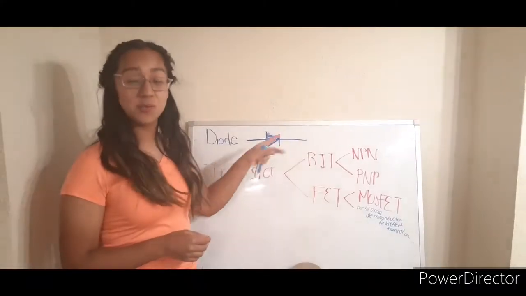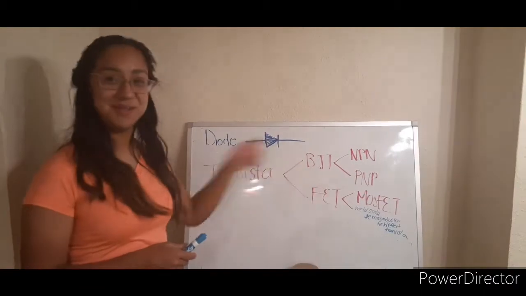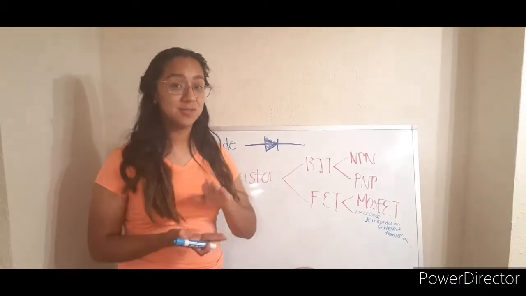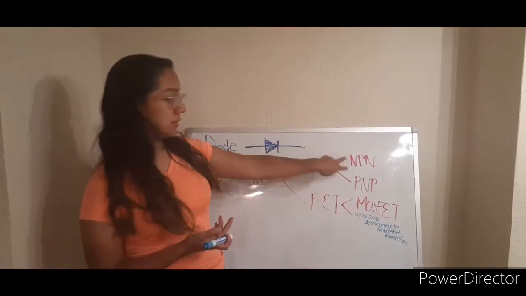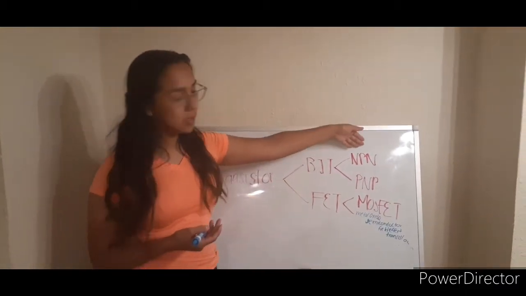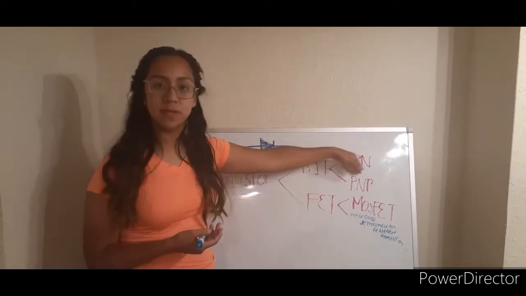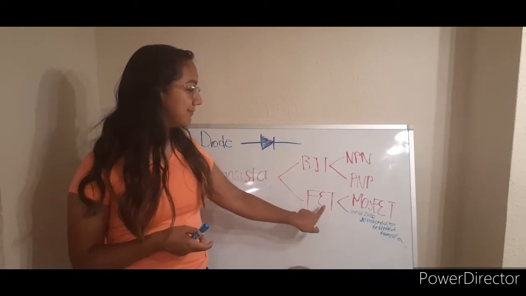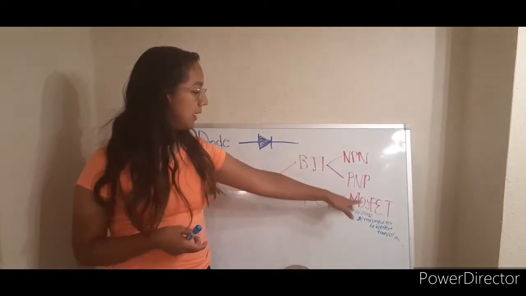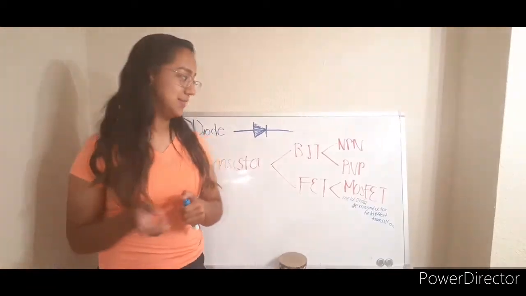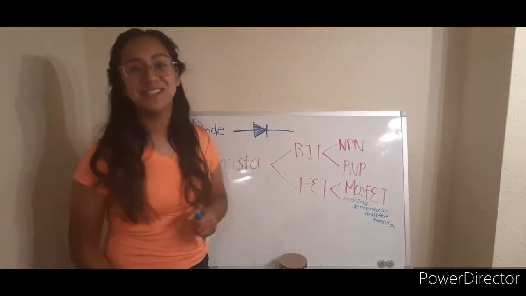For transistors, we have 2 types: the BJT, which stands for bipolar junction transistor and has 2 versions, the negative-positive-negative and the positive-negative-positive, and then the field effect transistor, which includes the metal oxide semiconductor field effect transistor, or MOSFET.